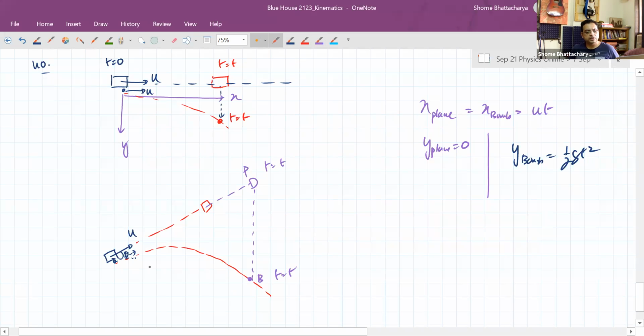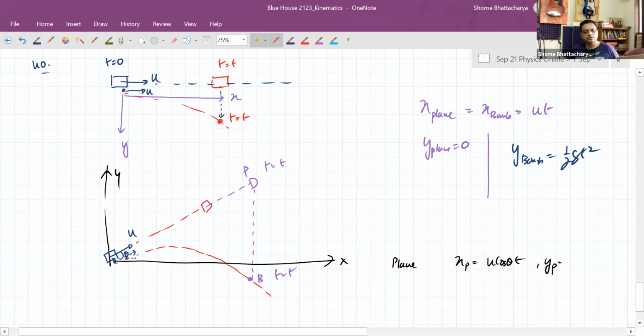So once again, you can see that, taking this as our x-axis, and suppose we take this as our y-axis, for the plane the x component of displacement is u cos theta t. The y component of displacement is u sin theta t.